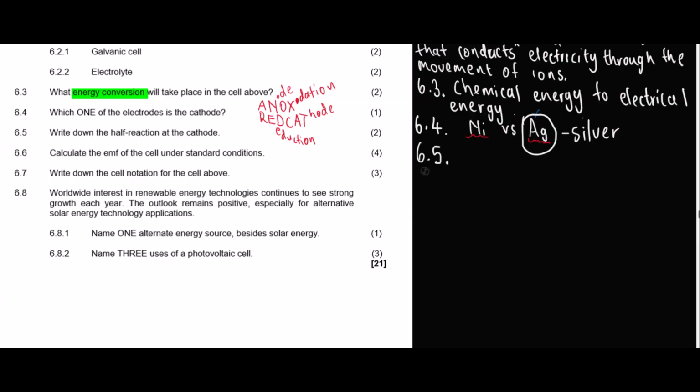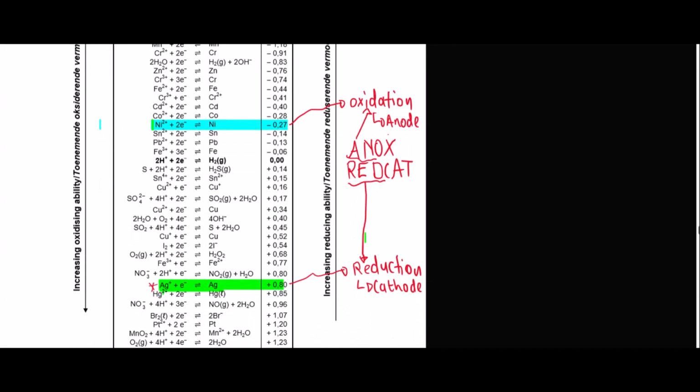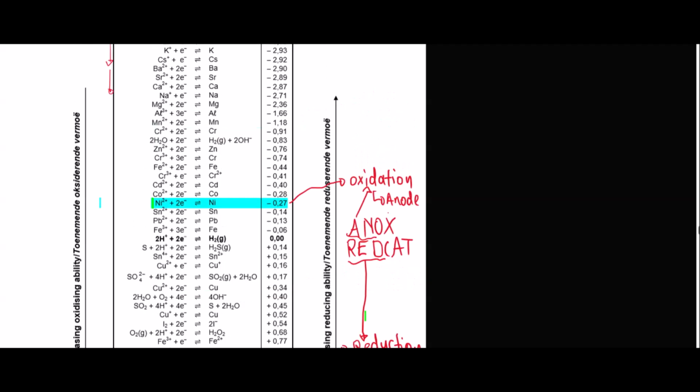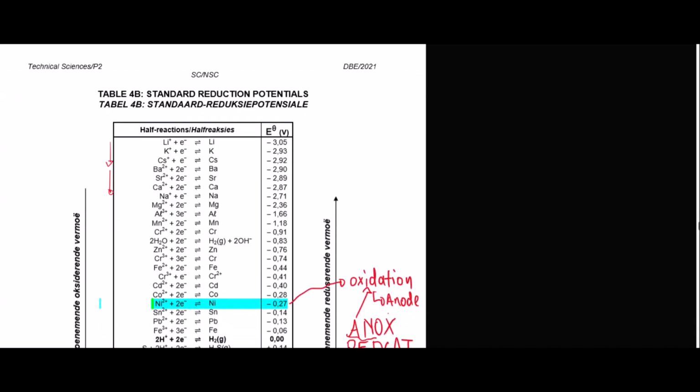Now we know that it's silver that is at the cathode, but for us to write the half cell reaction, we will make use of the 4B table, and then we will see that silver is down there, which is the cathode, and there's Ag plus. So we are going to copy down that reaction as it is. Why?